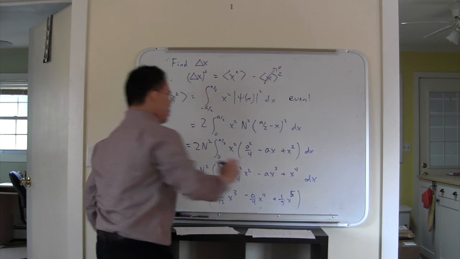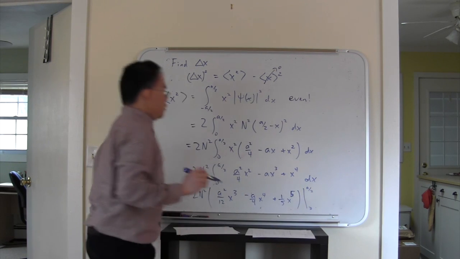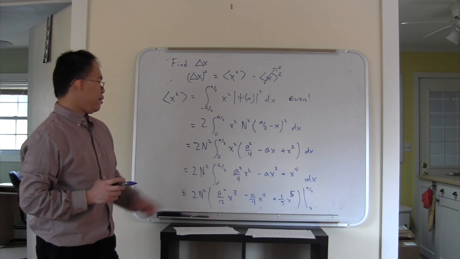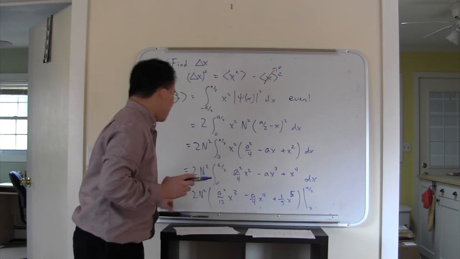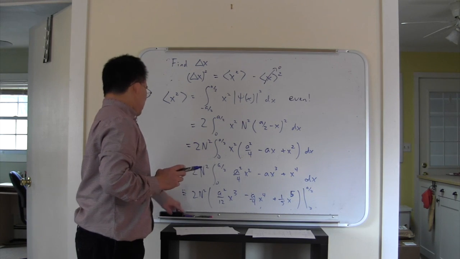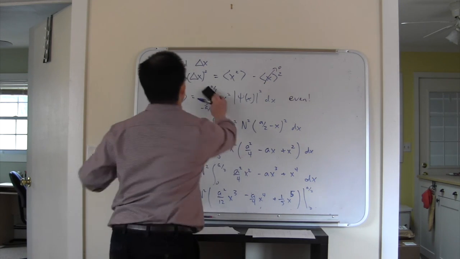And now evaluated from a over 2 to 0. At this point, again, evaluating at the lower endpoint gives us nothing since we have x's in all of the terms here.